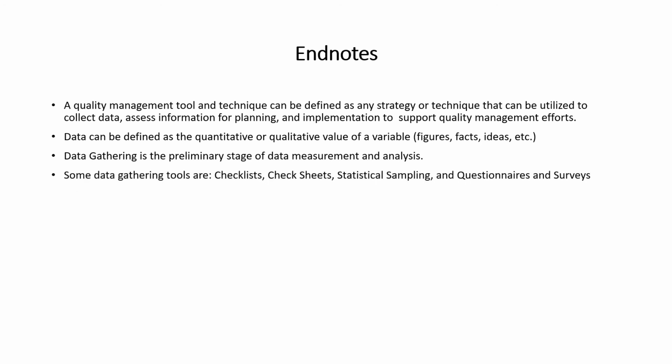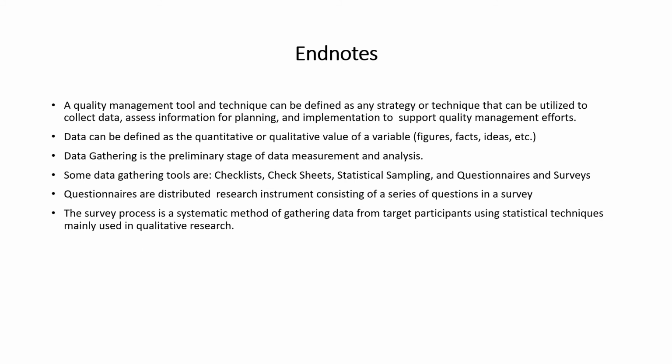Some data gathering tools are checklists, check sheets, statistical sampling, questionnaires, and surveys. Questionnaires are distributed research instruments consisting of a series of questions in a survey. The survey process is a systematic method of gathering data from target participants using statistical techniques mainly used in qualitative research.